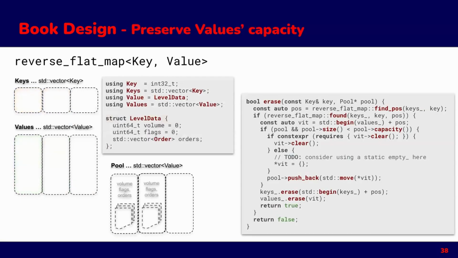Here is a value pool for deleting and inserting the values back, because we want to preserve the secondary capacity. For example, if you have a nested vector, you don't lose the capacity of that vector. So you can use a pool shared between many map instances.